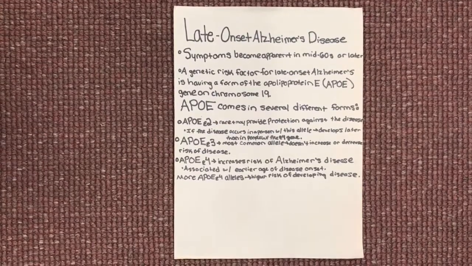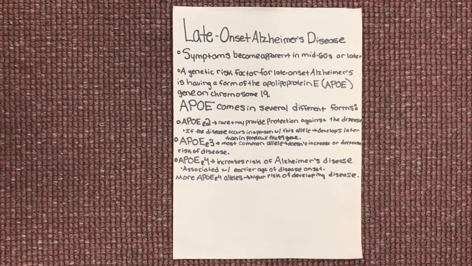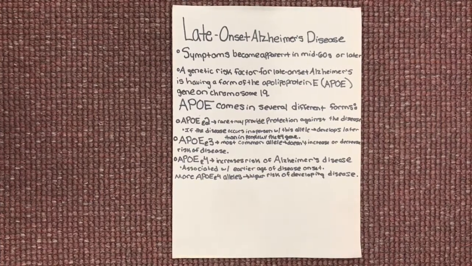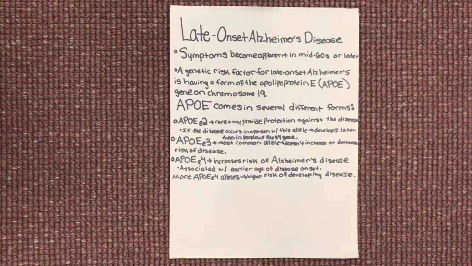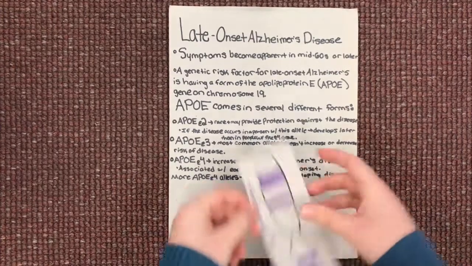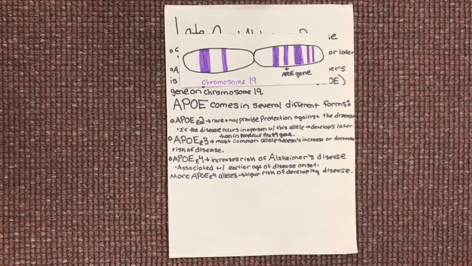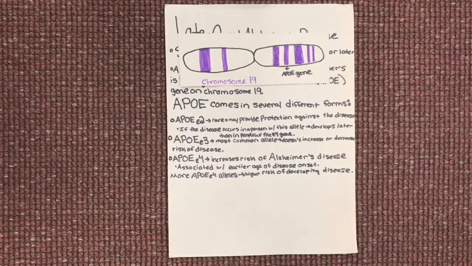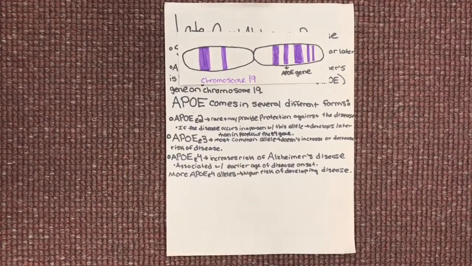When people have late onset Alzheimer's disease, their symptoms become apparent in their mid-60s or later. A genetic risk factor for late onset Alzheimer's is having a form of the apolipoprotein E gene on chromosome 19, which is right there. APOE comes in several different forms. APOE2 is rare and it may provide protection against the disease.